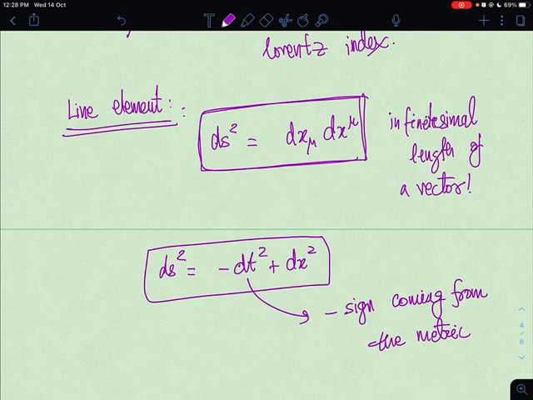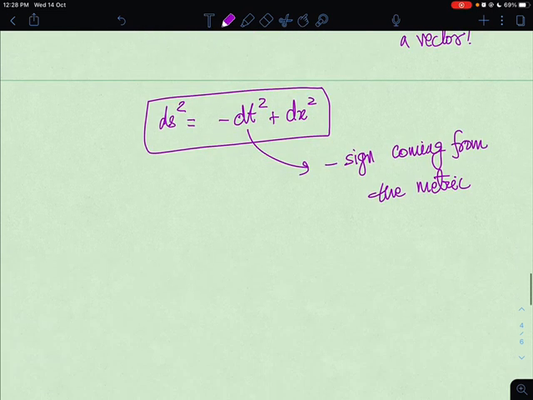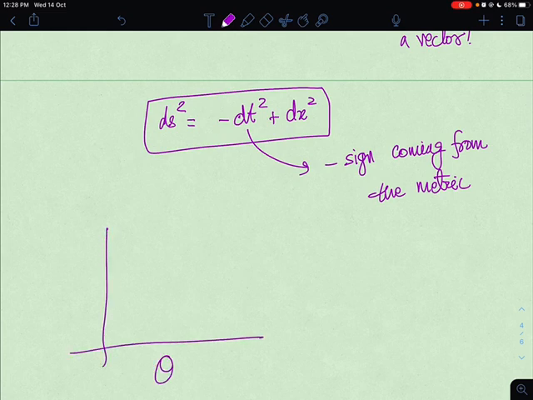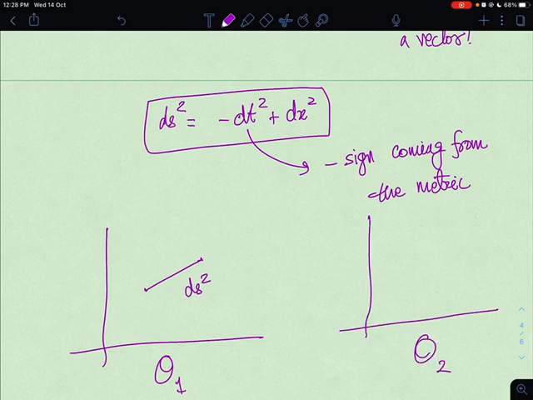Why is this line element so important? We define the line element to be invariant. So if we have one frame of reference, similar to what we considered in Galilean transformations, and we have a ds square here, and in another frame we have another ds square prime, these are very small.